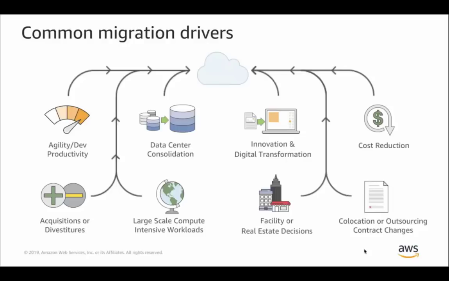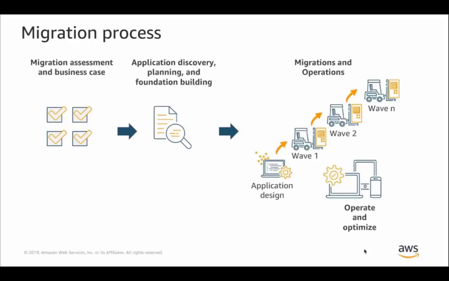So what does the process look like? Again, having worked with our customers on hundreds and thousands of migrations, we typically go through a process of working with our customers on an assessment and building a business case. The business case is one that looks at three aspects. One would be looking through the lens of business value or realizing the benefits of the cloud.